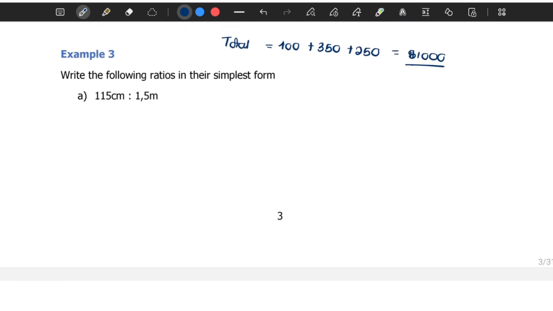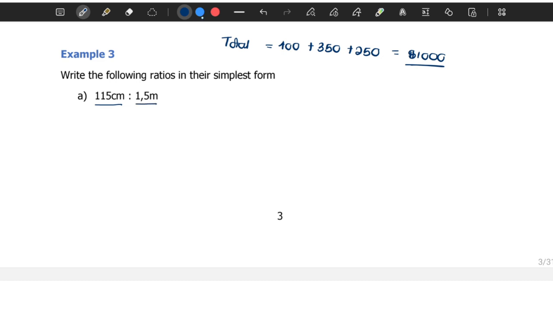Question number 3 says, write the following ratios in their simplest form, right? So we have 115 centimeters is to 1.5 meters.